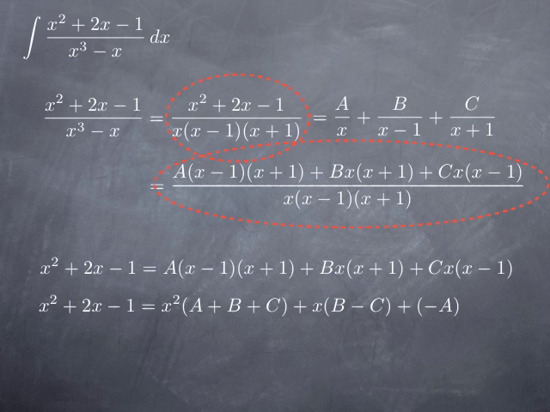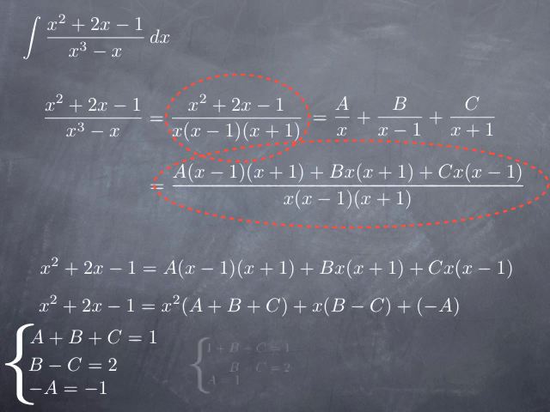I need the coefficient of x, b minus c, to be equal to the coefficient of x on the left-hand side, which is 2. So b minus c must be 2. And I need the constant coefficients to be equal. In other words, negative a must be negative 1. So that gives us a system of 3 simultaneous conditions, a system of 3 equations with 3 unknowns, and we can solve that for the coefficients.